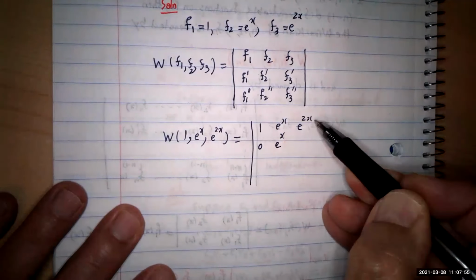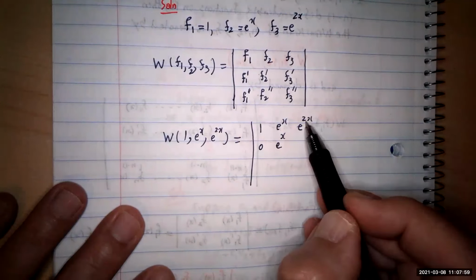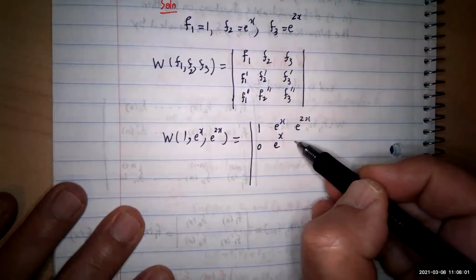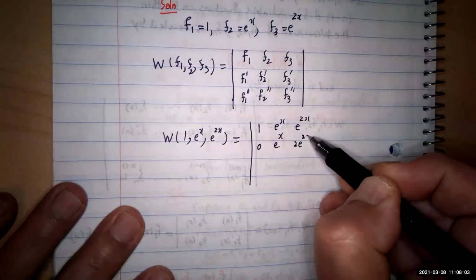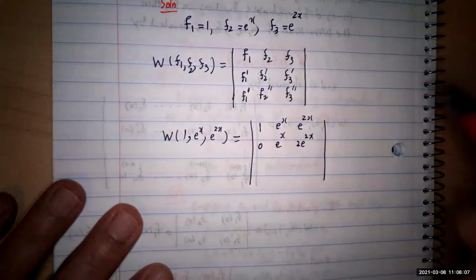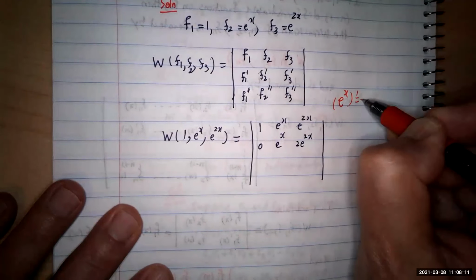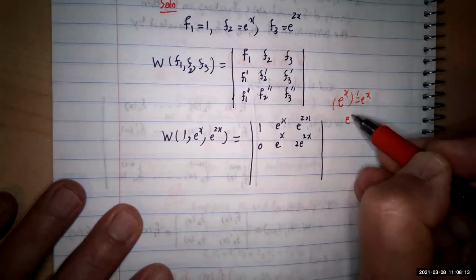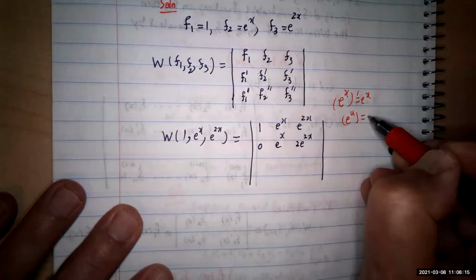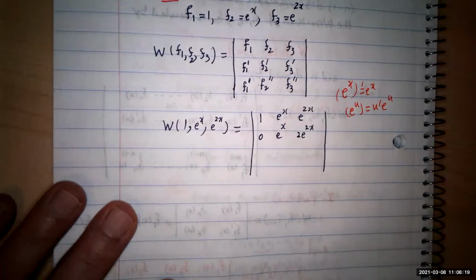The derivative of e to the 2x is e to the 2x times u prime, the derivative of the exponent, so that gives you 2 e to the 2x. We are using the chain rule: the derivative of e to the u is u prime times e to the u.